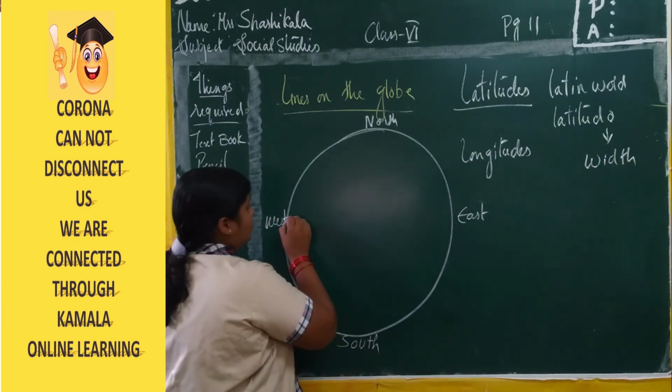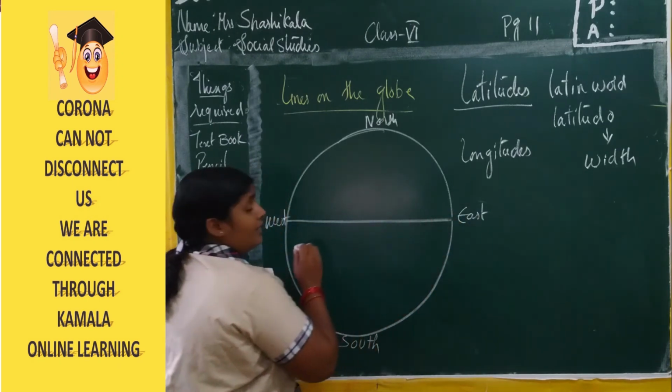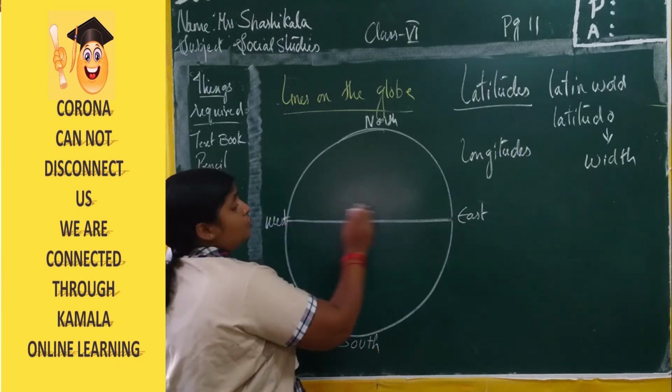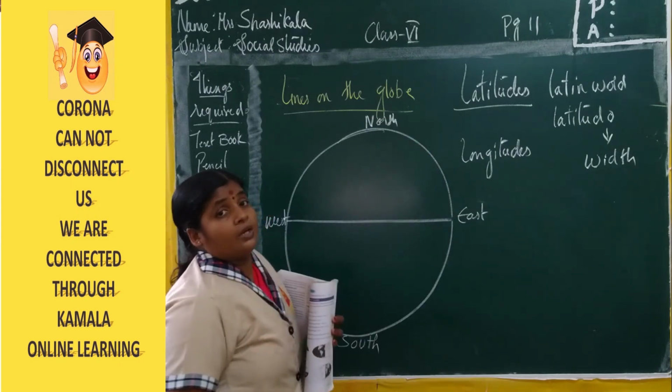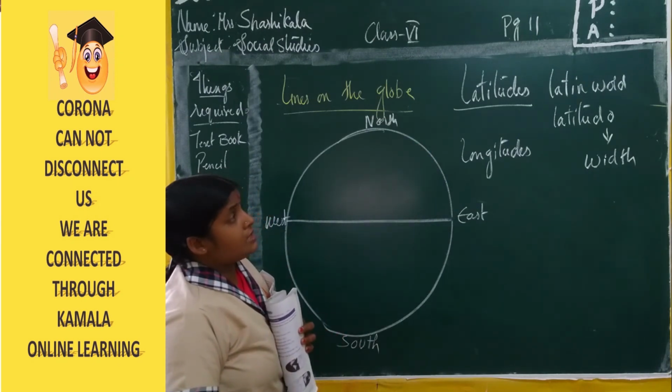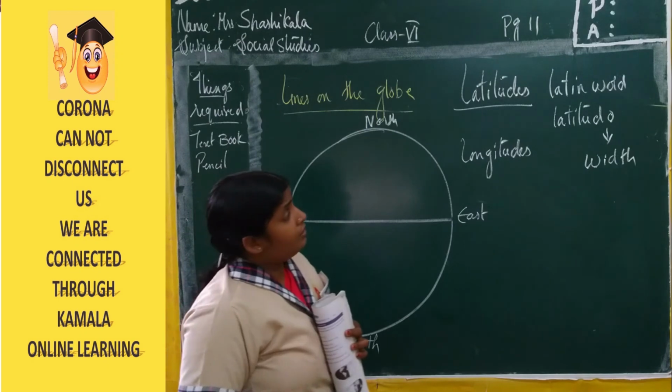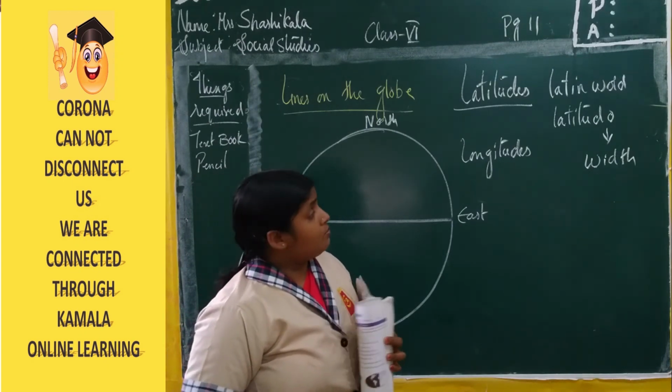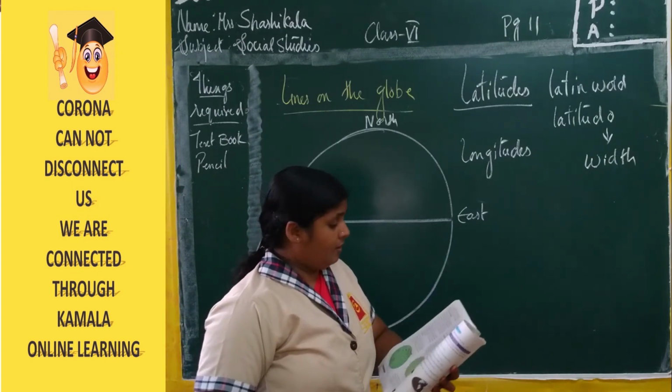Now here we are going to know about the width. The lines which are passing from the west to east are known as the latitudes.